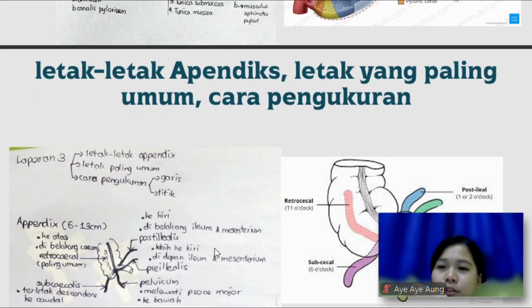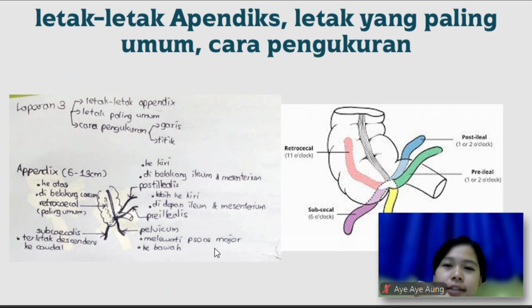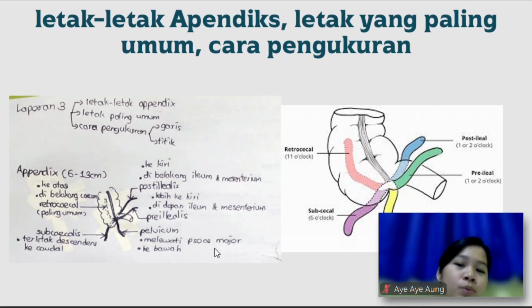Okay, so we move on to letak-letak appendix. Letak yang paling umum and cara pengukuran appendix. Okay, so the appendix is about 6 to 13 centimeters long, and it has several variations.